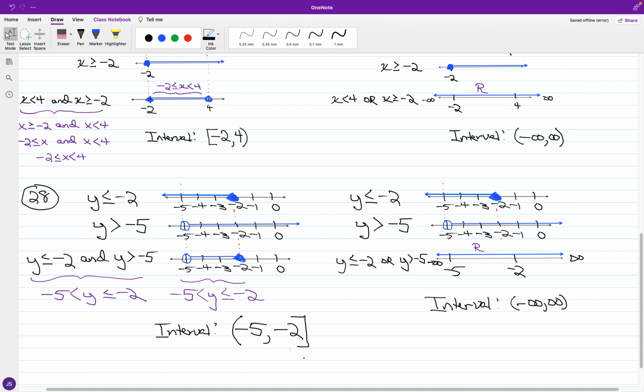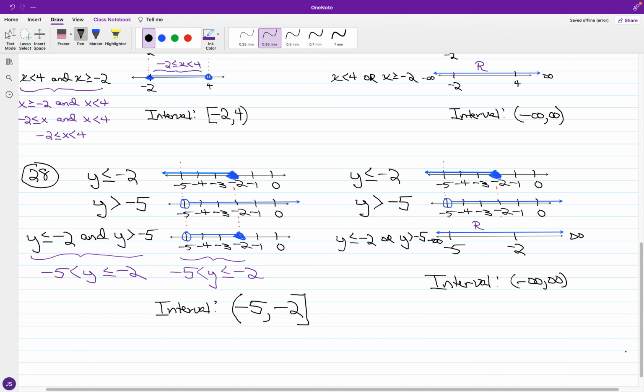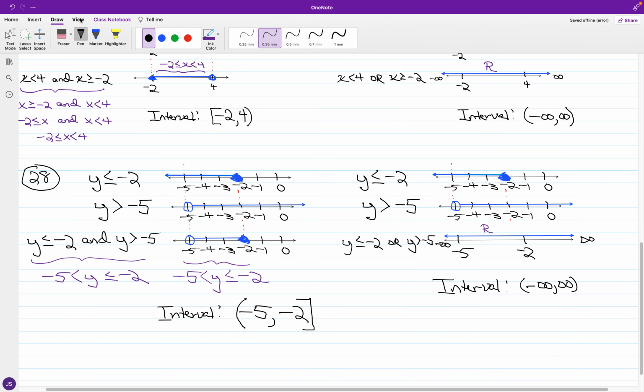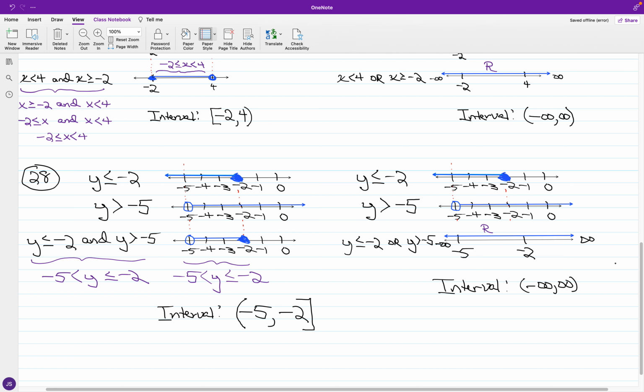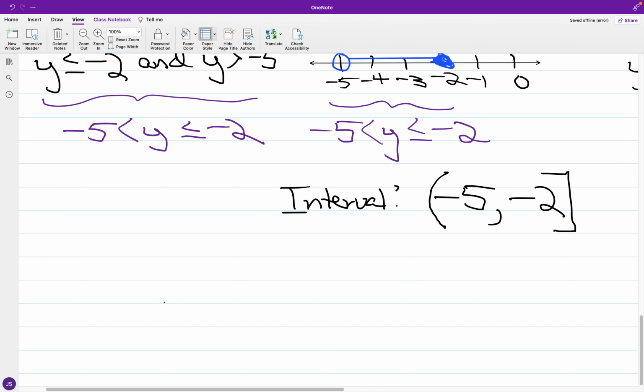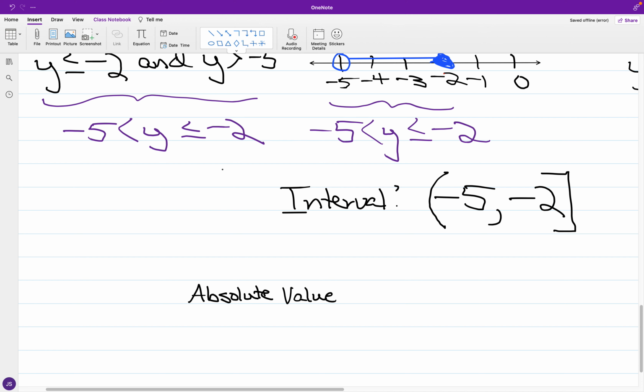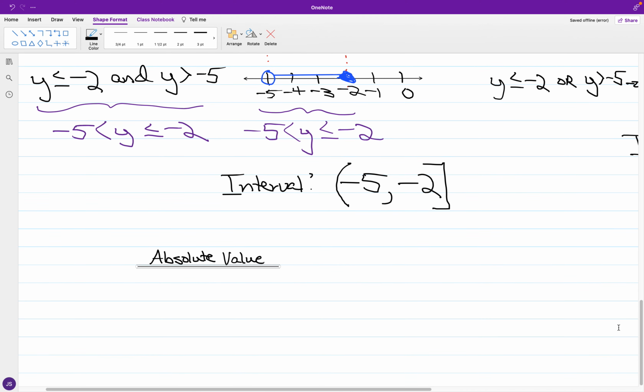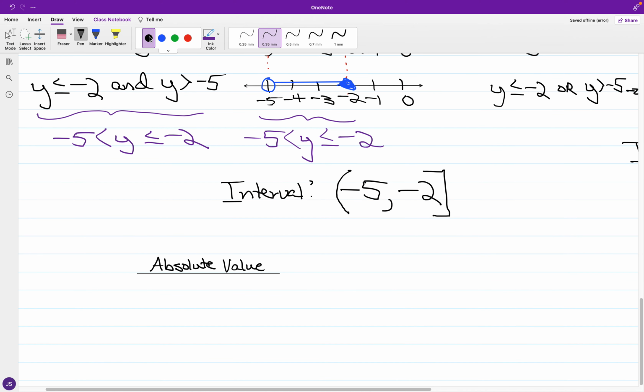Now, looking at what we have in crossing over to absolute value. Again, the other day we had looked at absolute value equations, and we're going to cross over to inequalities.